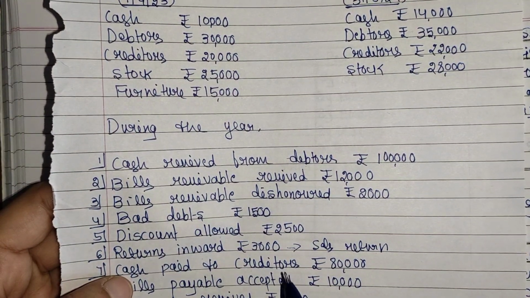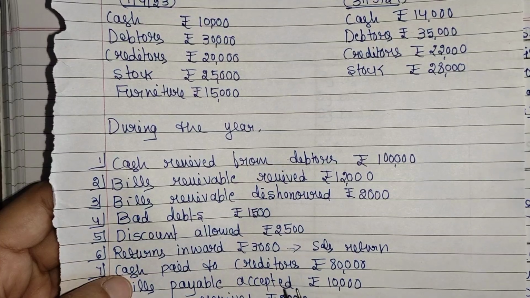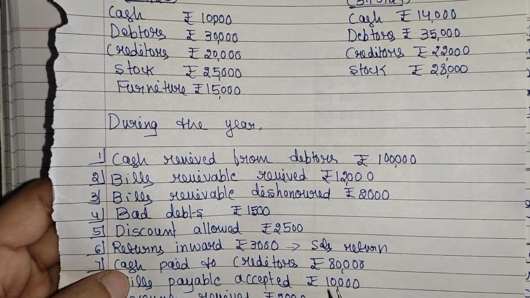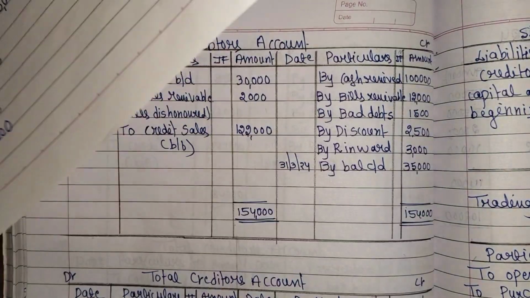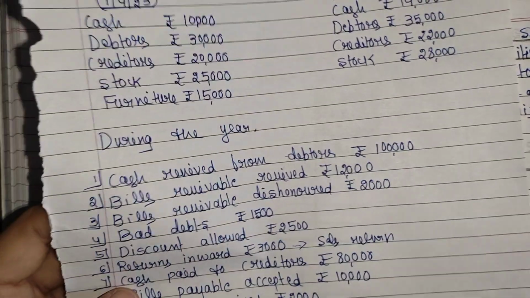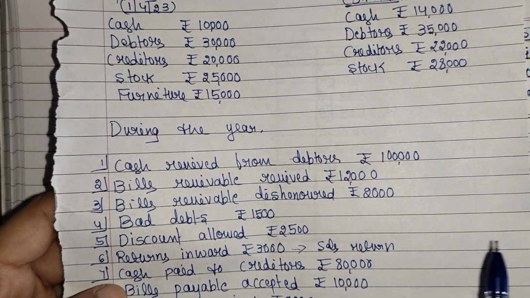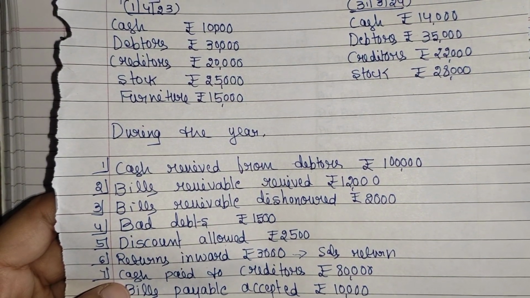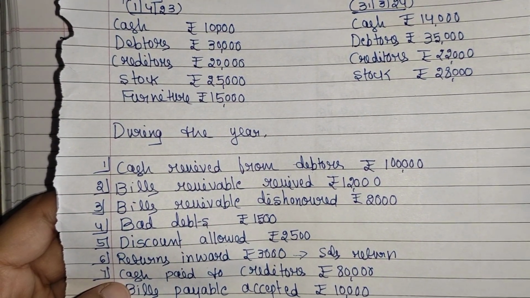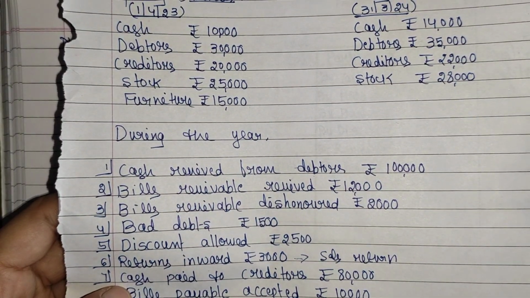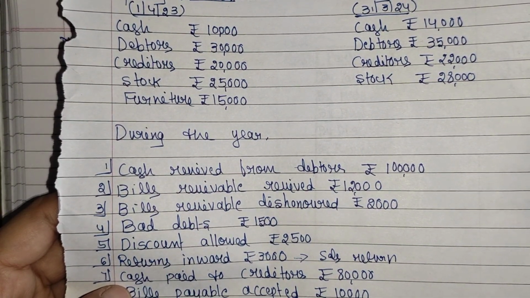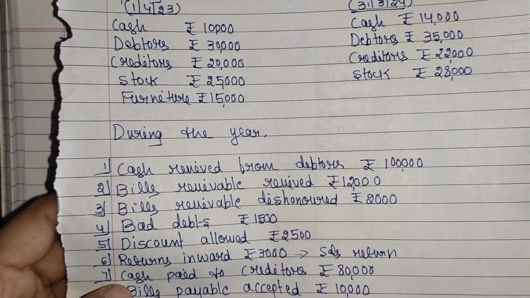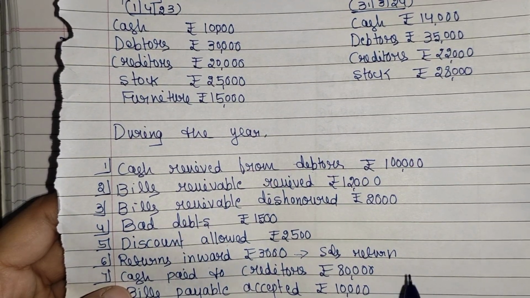And cash paid to creditors. Now this one we need to mention in the creditors account. Cash paid means on the debit side of the creditors account. Bills payable accepted. Bills payable accepted means the business has accepted or promised to pay the amount, that comes under the debit side of the creditors account.